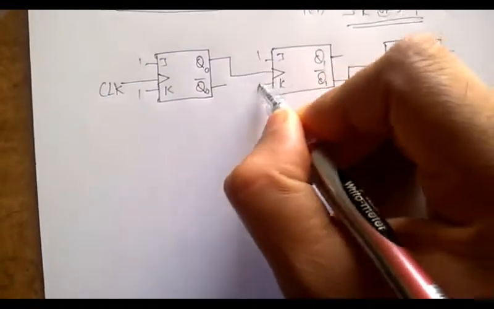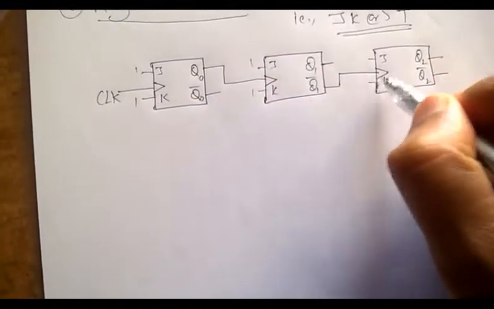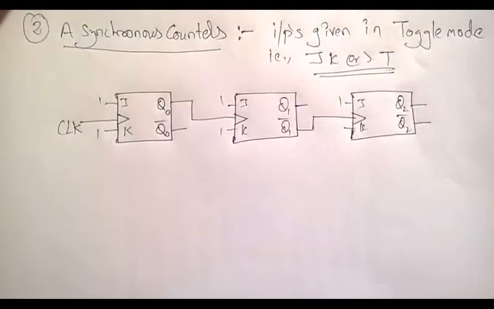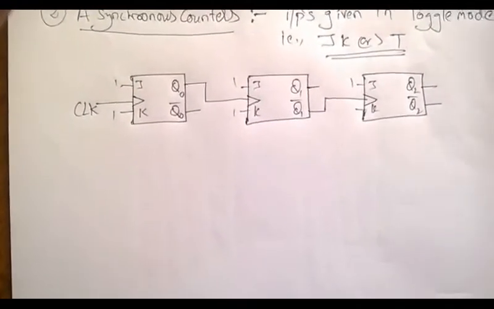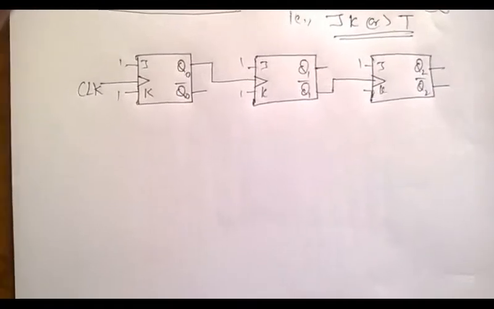JK 1, and in toggle mode, when the input is 1, the output gets toggled.